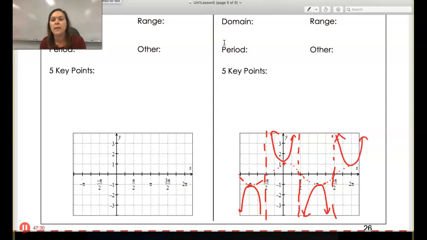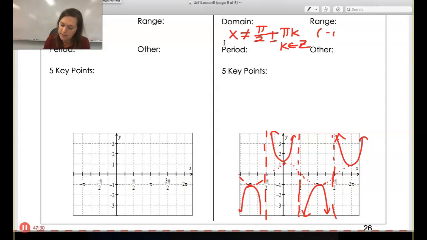There. Okay, so my domain, all x's excluding our half pi's plus or minus pi k, where k is in the integers. My range is -infinity to -1, union 1 to infinity.